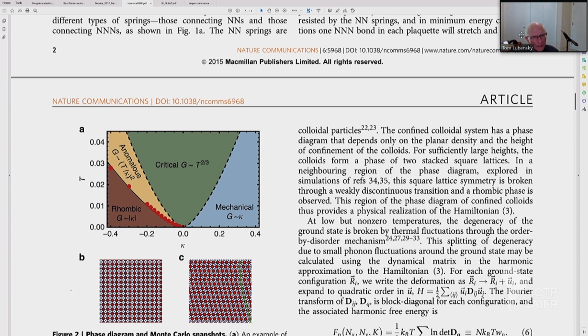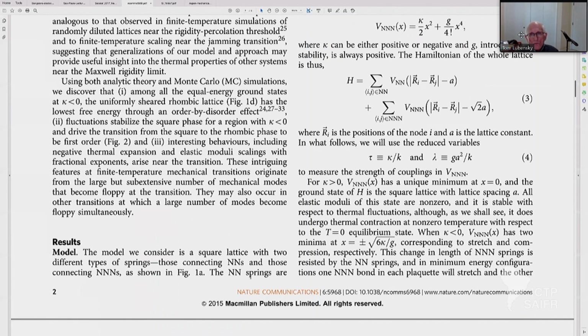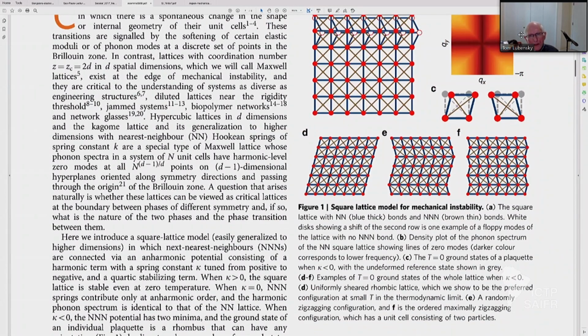At zero, we have the lines of zero modes. On the right, you have a stable lattice in which the shear modulus is proportional to kappa, I guess I should have mentioned that up here, that nearest neighbor bonds in this configuration are never going to give me a shear modulus, because I can just keep on going.